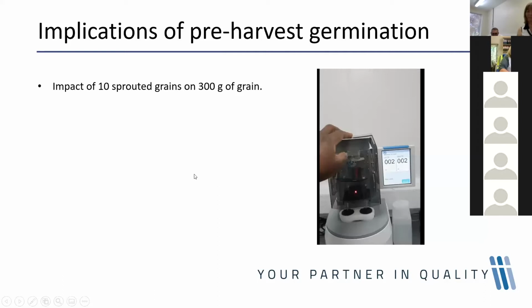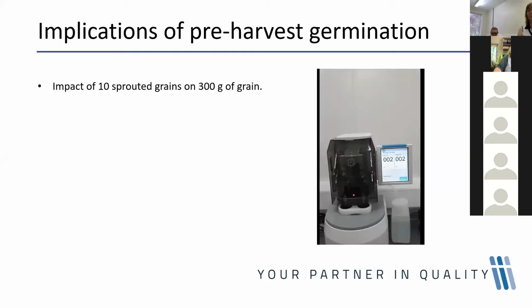So we did our own little experiment here in Jordan, where we had some sound wheat, which we ran through a lab mill, and we also had some sprouted grain. And I just wanted to show you all what the impact of just having 10 sprouted grains was on the falling number.